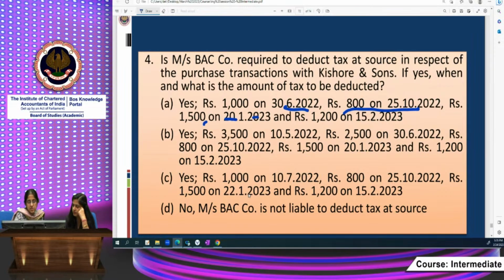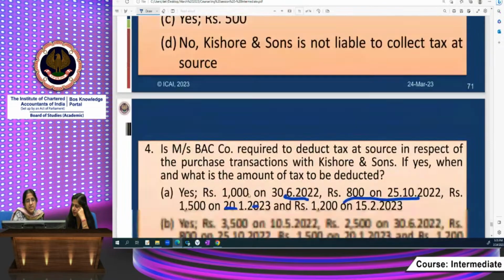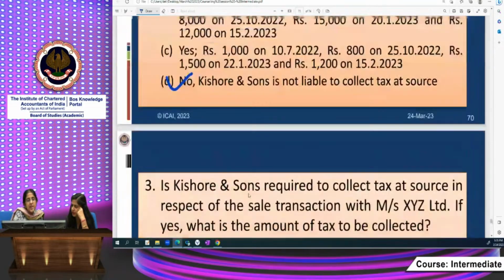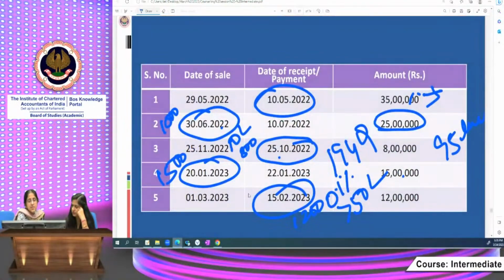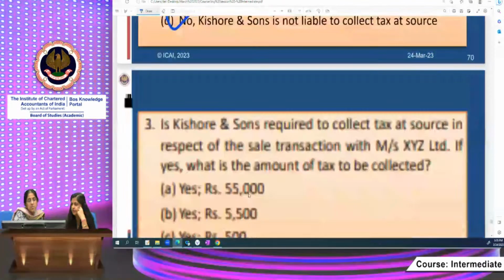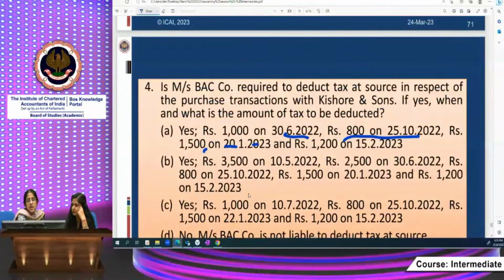I think it's the first option. So the fourth one, BAC company is required to deduct tax.